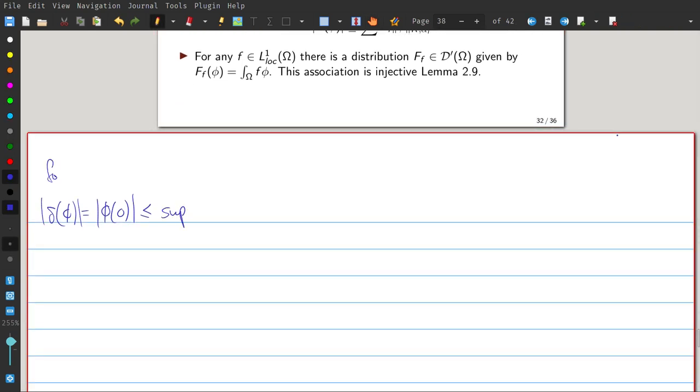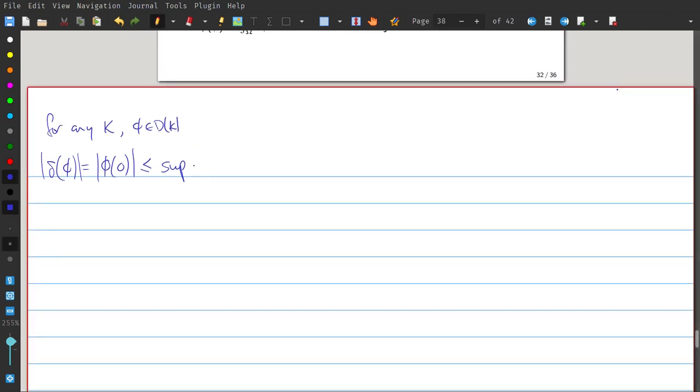So for any compact set K and test function in K, the value of that function at 0 is of course less than its supremum, and this is by definition the supremum on K.